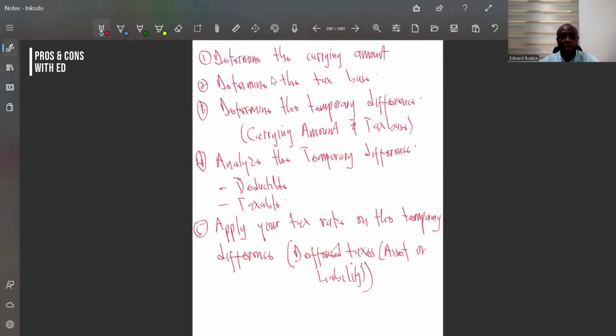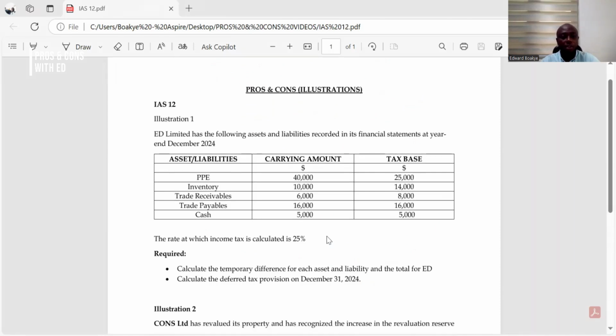Right? So let's take this scenario as an example. Illustration 1. Ed Limited has the following assets and liabilities recorded in its financial statement at year-end December 2024.